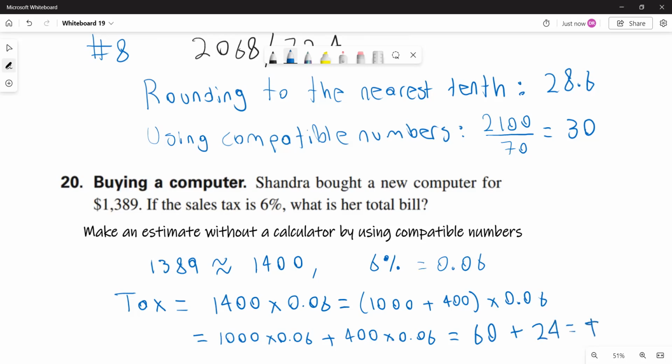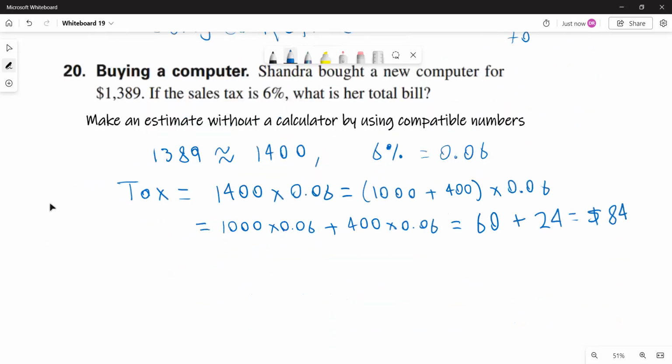Okay, so she will pay $84. So the tax amount is going to be $84. And the total bill is approximately 1,400 plus 84.